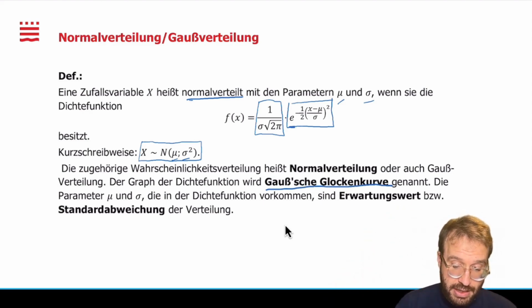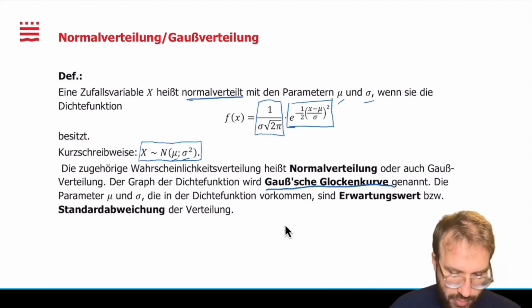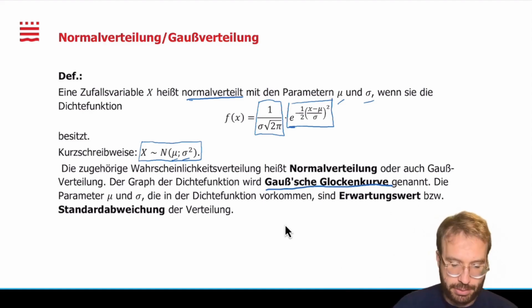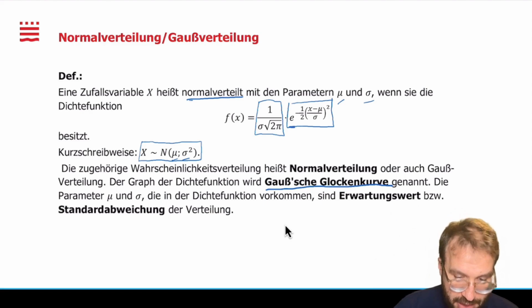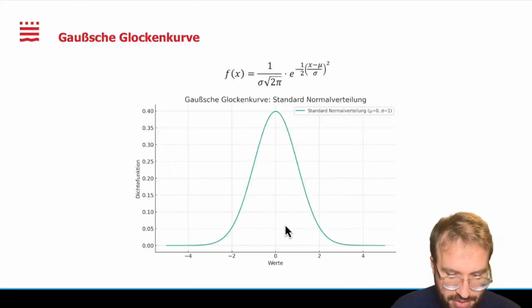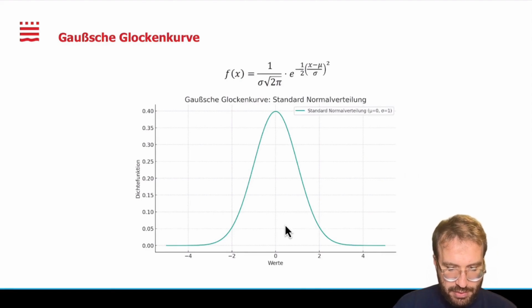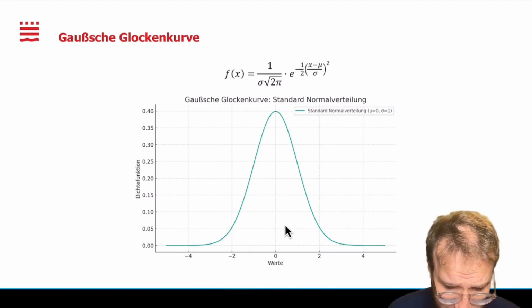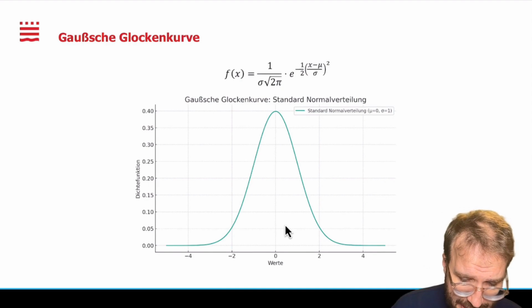Exactly. And mu and sigma correspond to the expected value and standard deviation. Let's plot the whole thing. First of all, what can be shown is that this function has a maximum at what? Well, at mu.